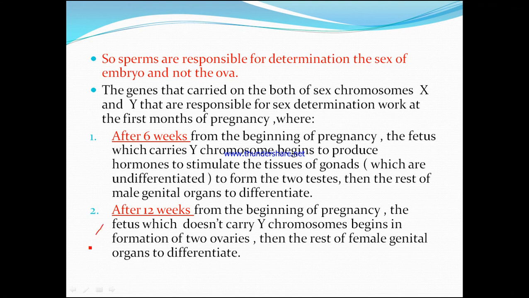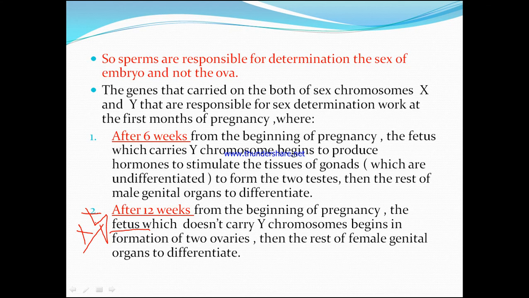But in the zygote that contains X and X, after 12 weeks, the zygote goes through many mitosis divisions to form a fetus. The fetus contains X and X, not X and Y.